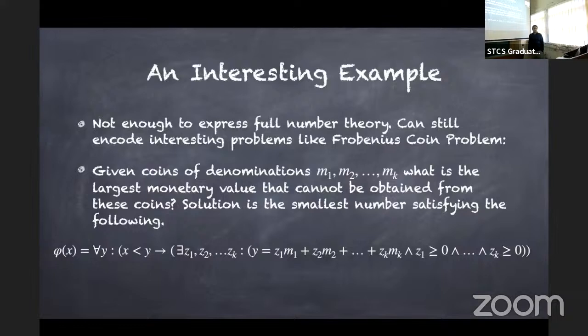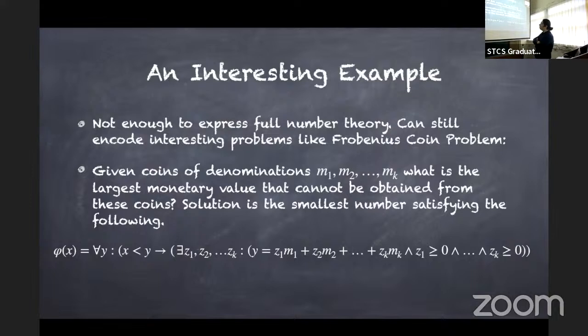Of course, this is not as expressive as the whole of number theory. It cannot encode the whole of number theory, but it will still encode interesting problems. One example is the Frobenius coin problem, which asks: given coins of denominations m1 to mk, what is the largest monetary value that cannot be obtained from these coins?